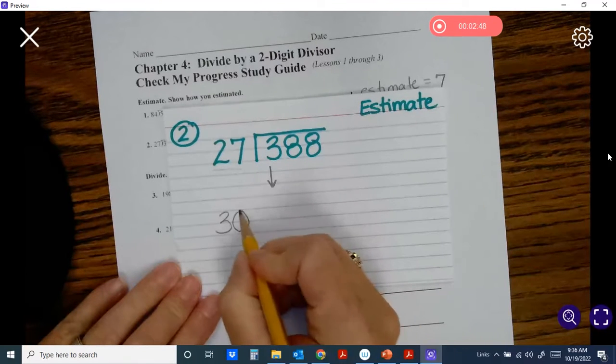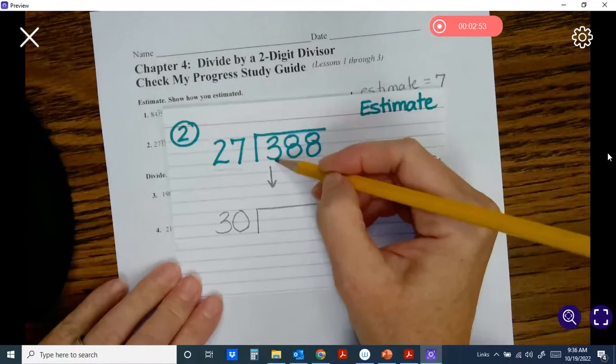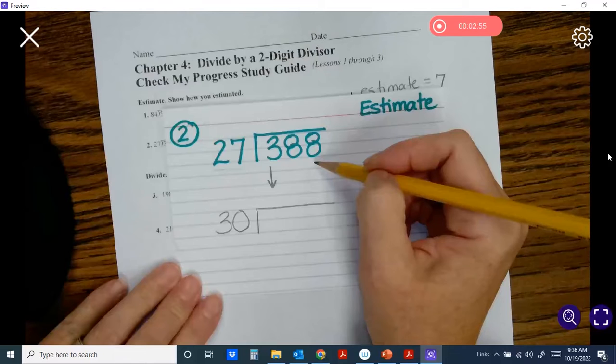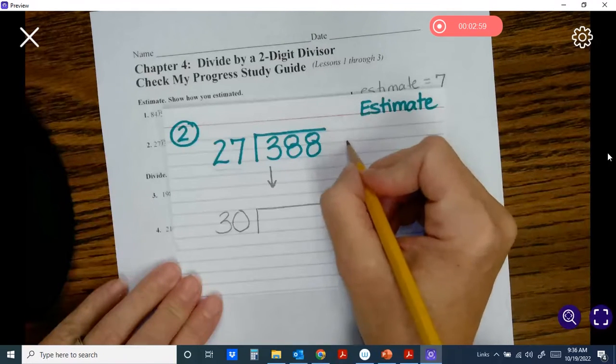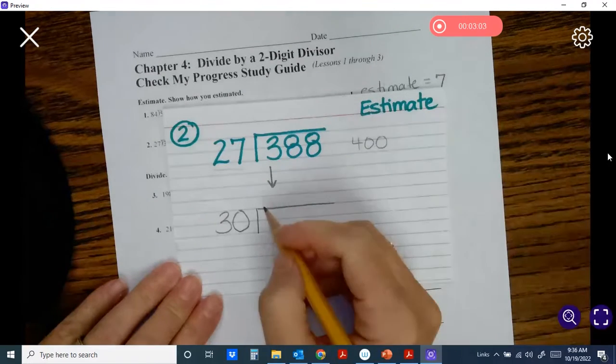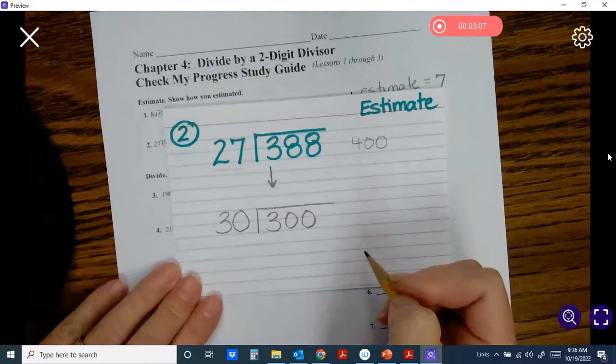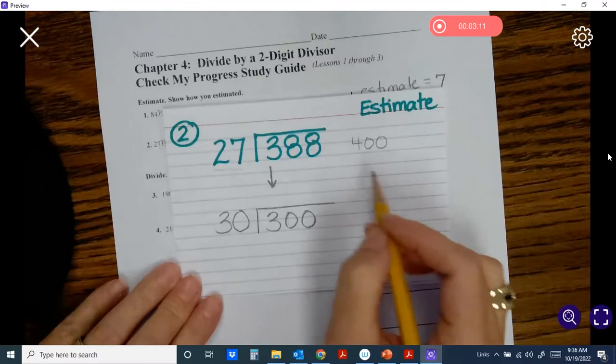Now, my issue here is I'm looking at this and thinking, rounding this to 300 really is rounding it down by a lot because this is much closer to 400 than it is 300. So that really is not an accurate estimate at all. So I'm struggling with that.